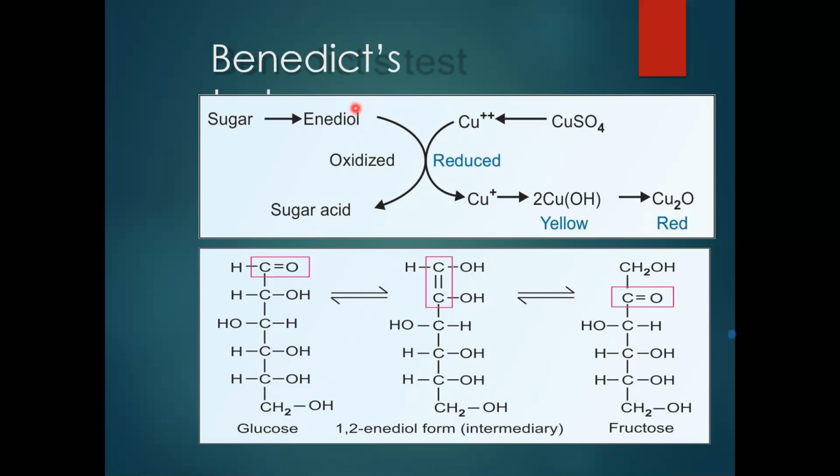In the Benedict's test, sugar is first converted to enediol, then it is oxidized to sugar acids, and subsequently copper sulfate is reduced because it is an oxidation-reduction reaction. Copper ion Cu2+ is getting reduced, leading to Cu(OH)2 and Cu2O, giving a red coloration. So here we require an alkaline medium for the entire test to be performed.